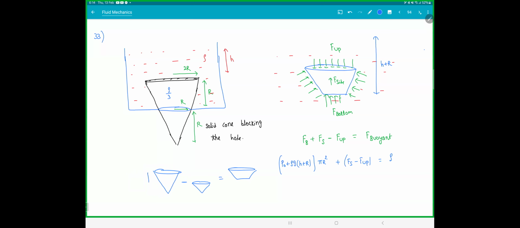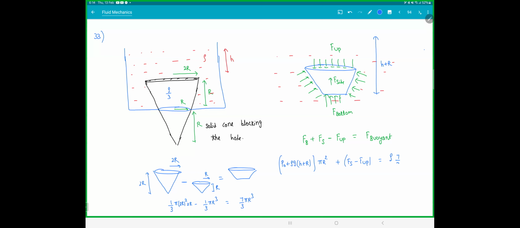This is 2R, this is R, and this is R. So the volume is 1 by 3 pi (2R) square times 2R minus 1 by 3 pi R cube. This will be 7 by 3 pi R cube.